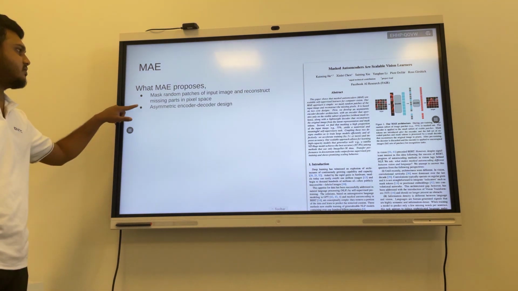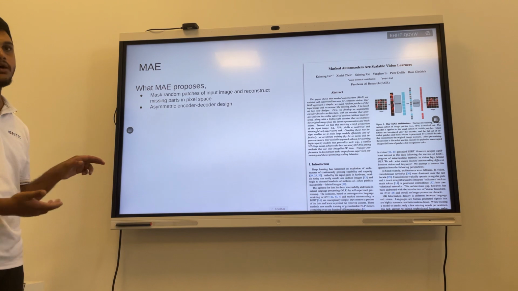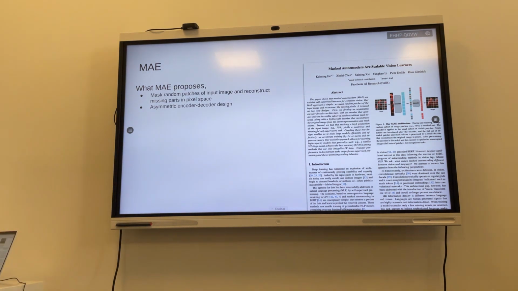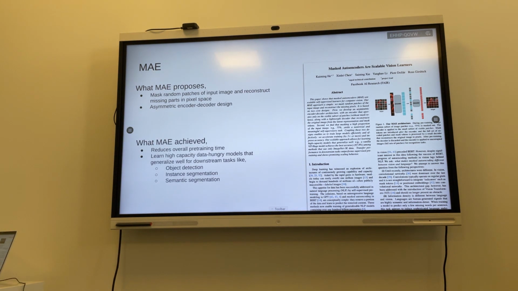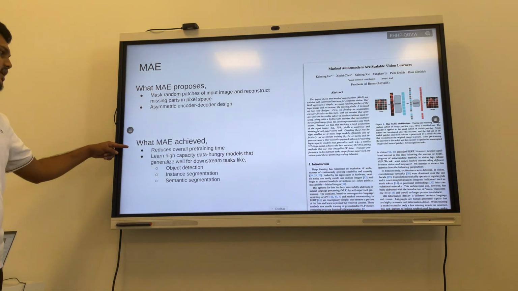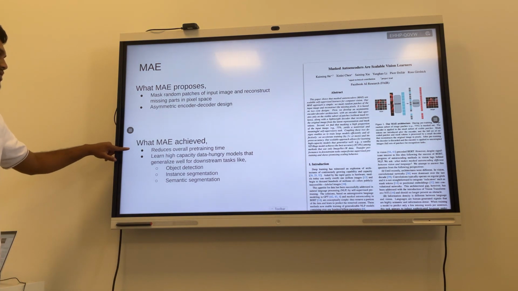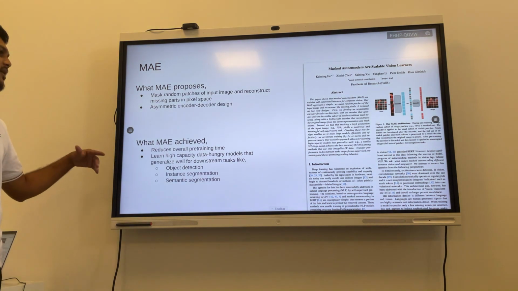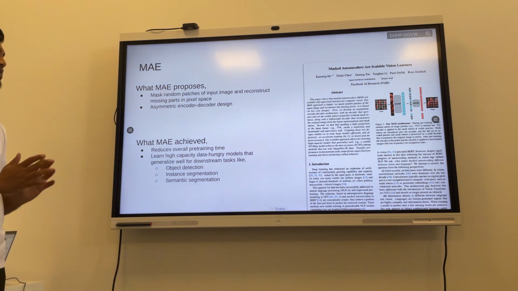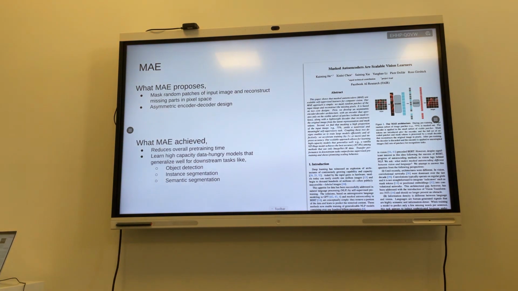They also propose an asymmetric encoder-decoder design. We will see why that works. They have also achieved reduced overall pre-training time, and we will see how they are doing this. And they are able to learn high-capacity, data-hungry models which generalize well on downstream tasks. So that's also important.